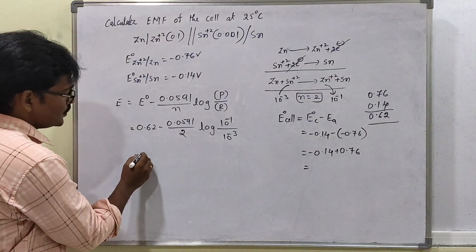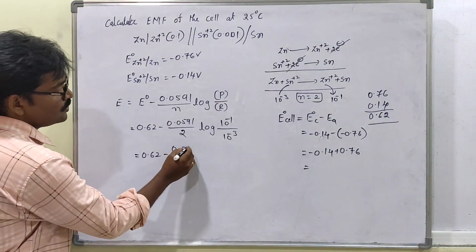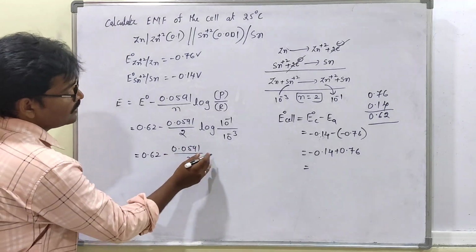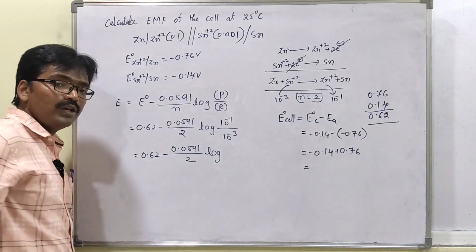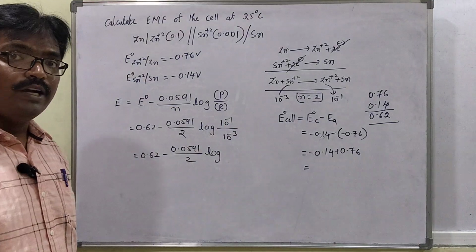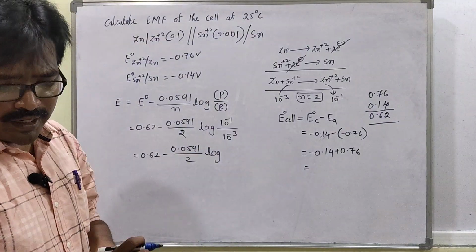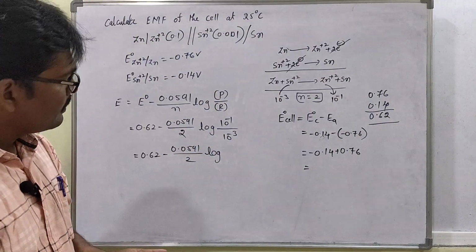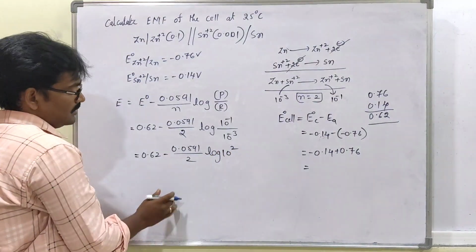So log of 10 to the power of 2 will be 2 log 10.